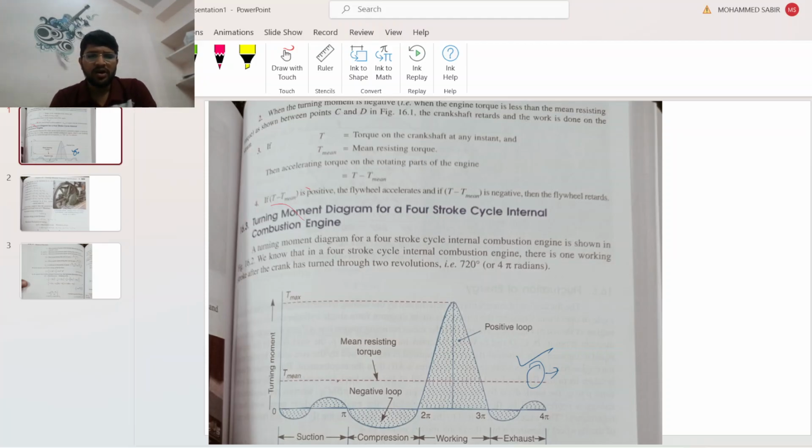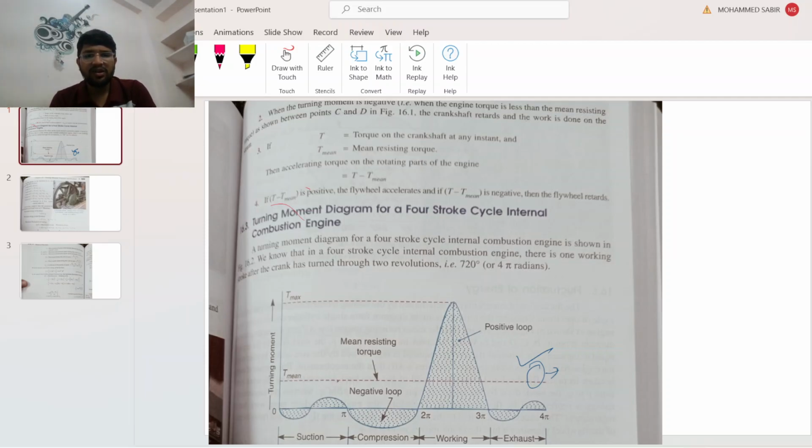In a four-stroke engine, we have a four-cycle: suction, compression, working, and exhaust. The flywheel is used in a mechanical engine.